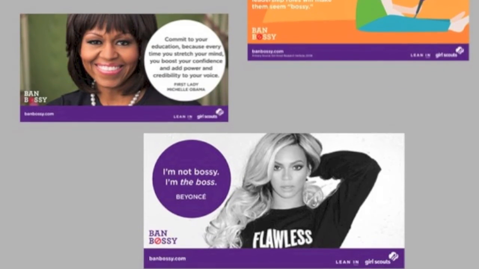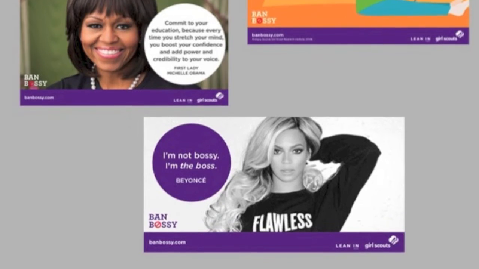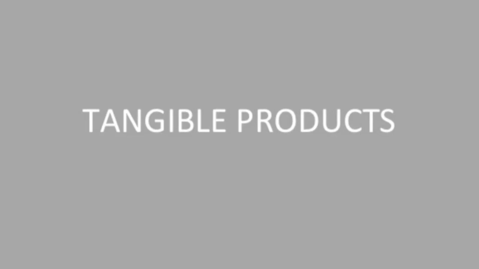Right. So positioning is something we can borrow from social marketing. What about tangible products? Can anybody think of any tangible products that are related to gender equity or inequity? Anyone?